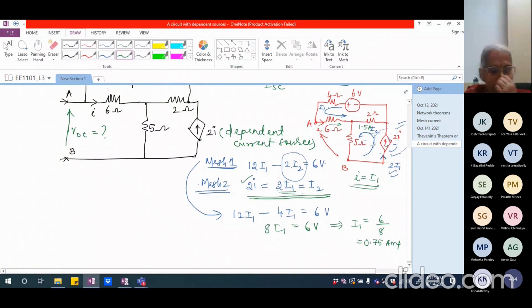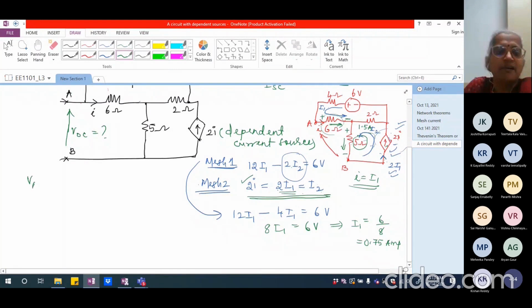So what I need to do is, I need to look at this. If the current is flowing in this direction in 5 ohm, this is plus and this is minus. And if the current is flowing in this direction in 6 ohm, this is plus and this is minus. So if I try to look at it from B, whatever is the voltage drop that is happening in 5 ohm and whatever is the voltage drop that is happening in 6 ohms, if I add both of them, that will give me VAB.